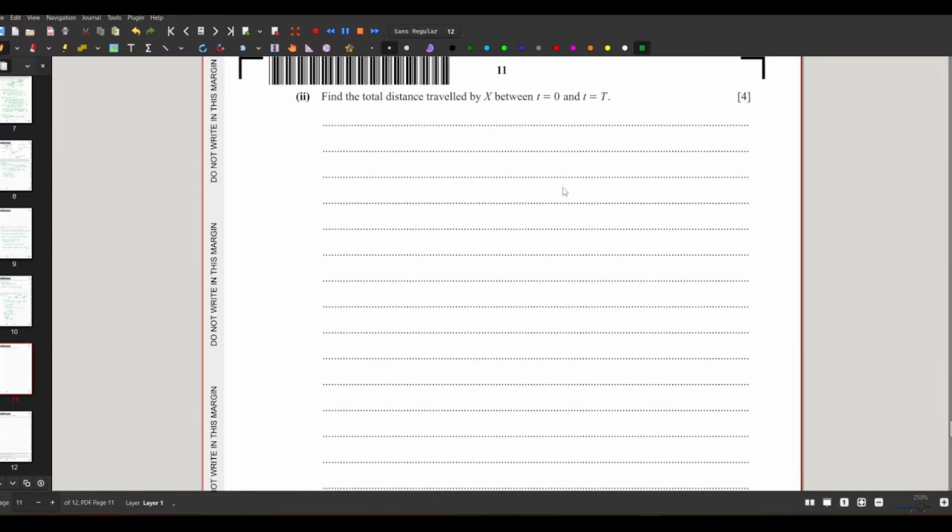So for the first 4 seconds, we have the displacement equation. So the distance traveled during the first 4 seconds, let's say S1.